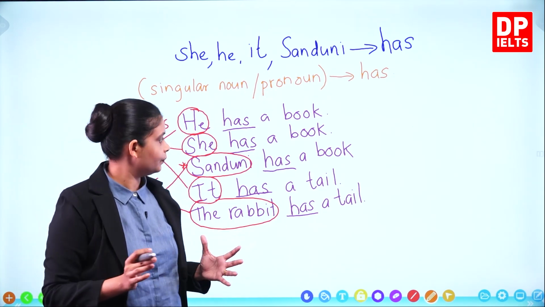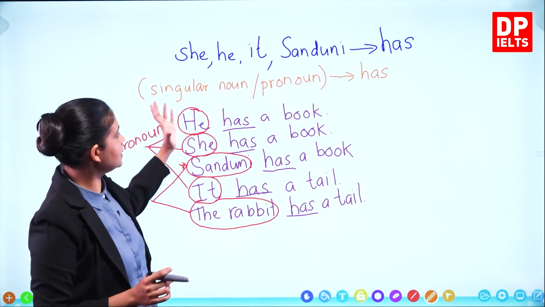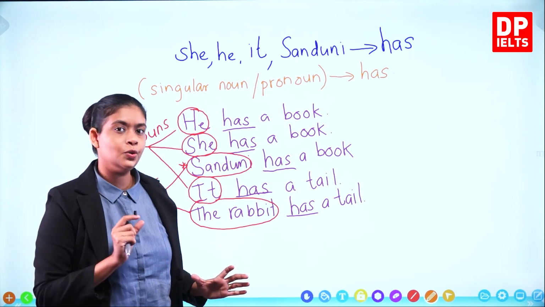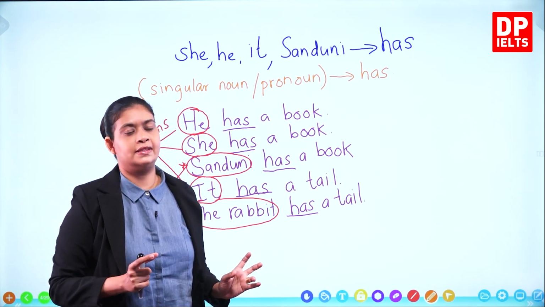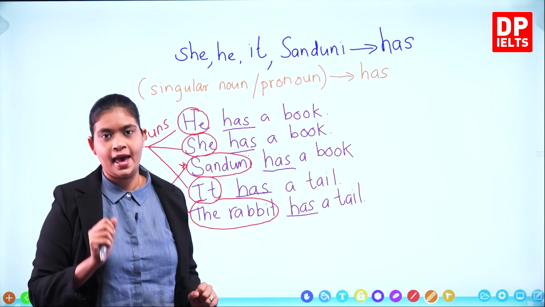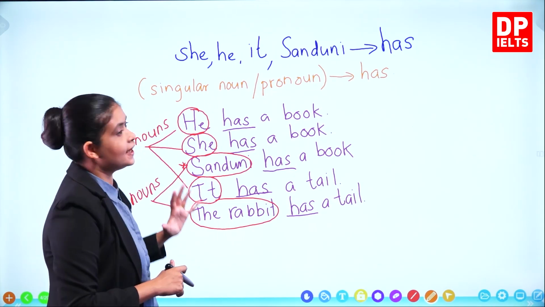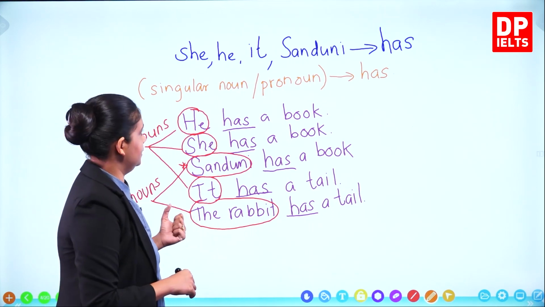So now you know that with singular nouns or pronouns, we use the be verb has or the auxiliary verb has. Right. Let us have a look at it in detail.